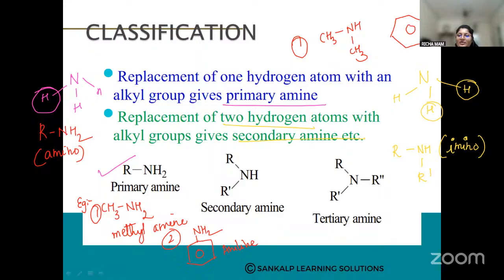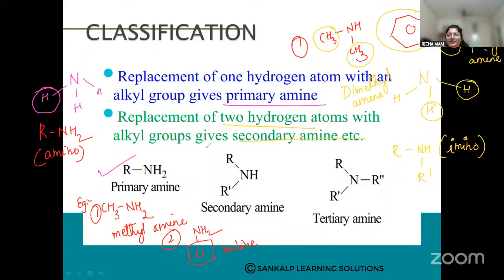It is dimethylamine. And what is the name of the second compound, the aromatic compound? It is methyl phenylamine. Understood?